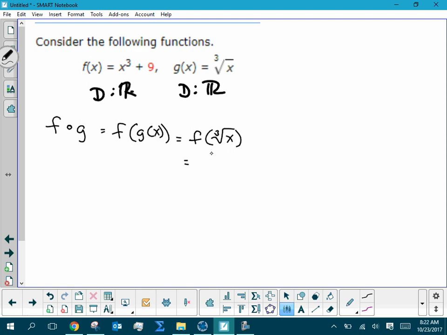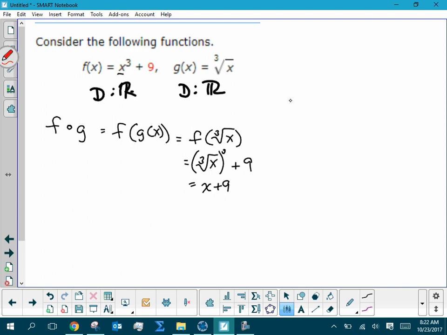So it's going to become cube root of x. That's what I'm plugging into that term right there. It needs to be cubed and then plus 9. Okay, so now the cube root and the power of 3 should cancel out, and it leaves me just x plus 9.